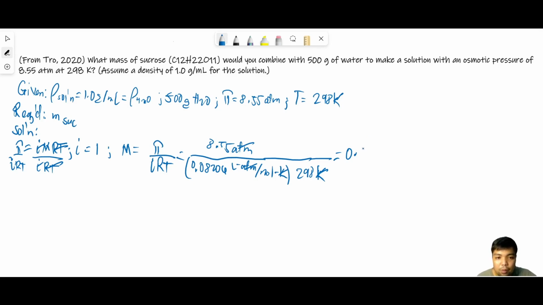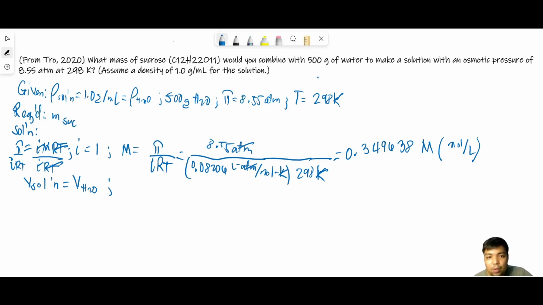So 0.349638 molar, or it can also be expressed in moles per liter. Now, since the density of the solution is equal to the density of water, it is therefore safe to assume that the volume of the solution is equal to the volume of the water used in preparing the said solution.